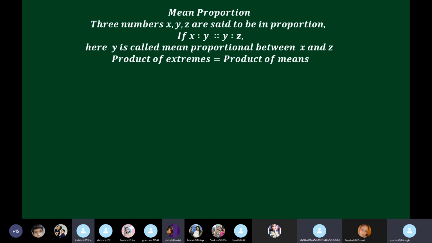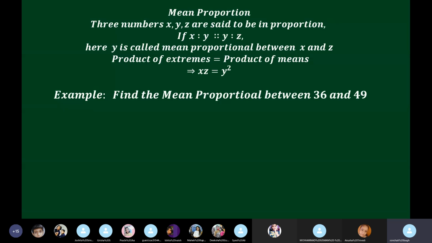Ma'am, X into Z equals Y square. XZ is equal to Y square. See, you understood the change in formula. What is the formula for checking the mean proportional, for finding the mean proportional? Clear? Yes, ma'am. Do you want to try one question? Yes, let's try one question.